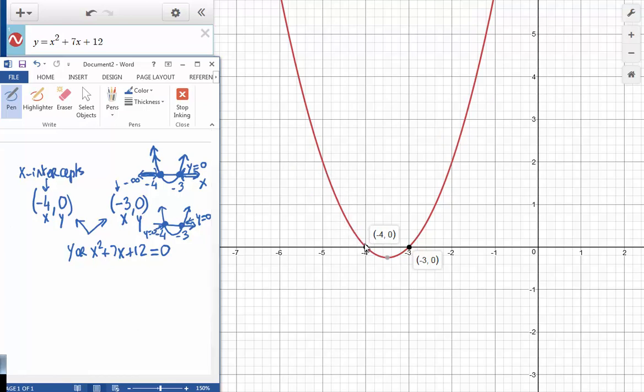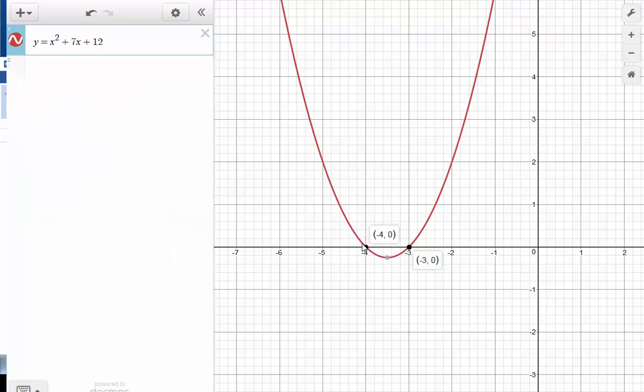Let's just be on the graph a little bit for a value which is more negative than -4. Notice when the x values are more and more negative than -4, then the y values, which is the second entry of the point that is labeled, are positive. Okay, so the y values are positive like this.